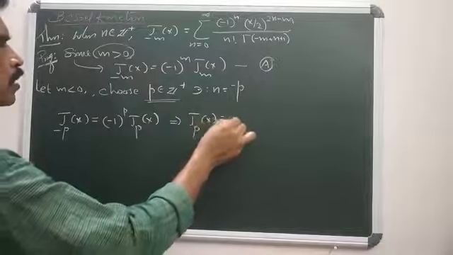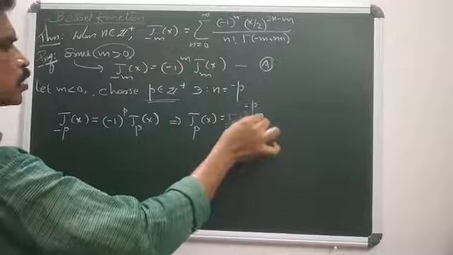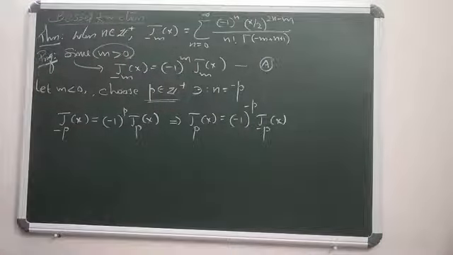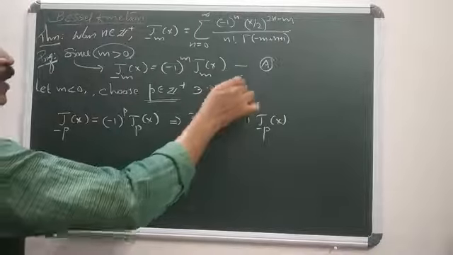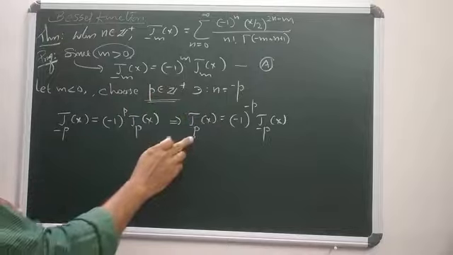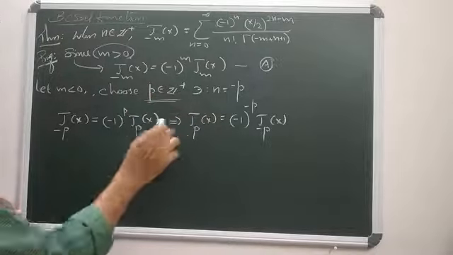J_p(x) is (-1)^(-p) J_{-p}(x). But what is minus p? That is n. So what is p? P equals minus n.